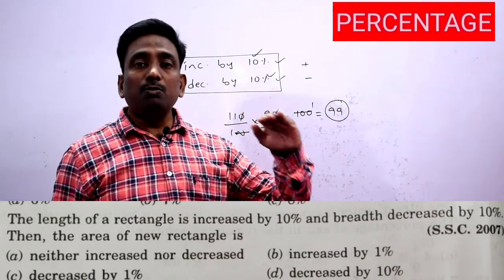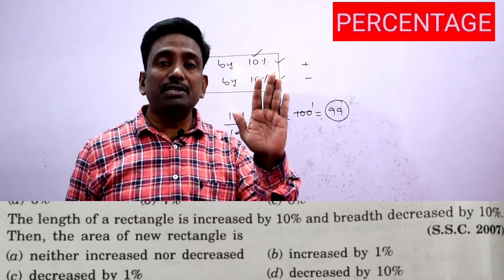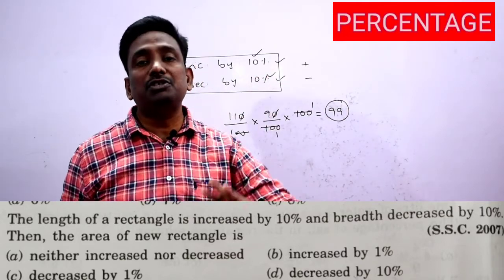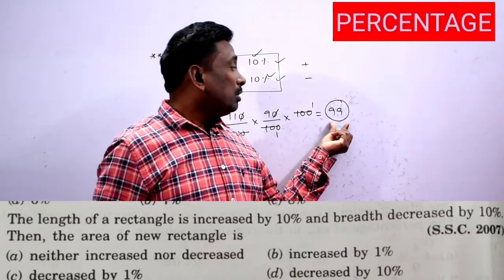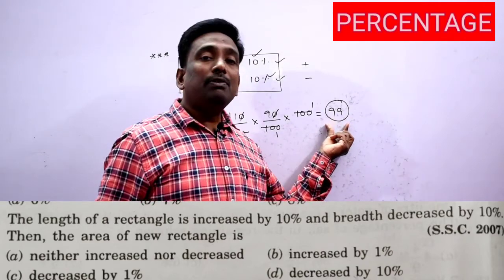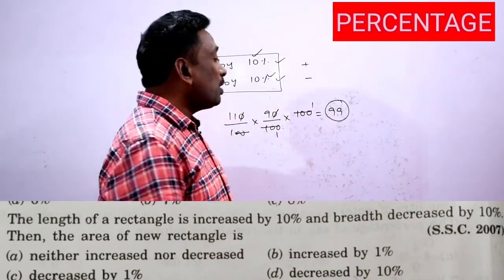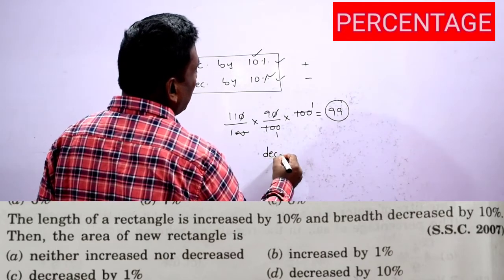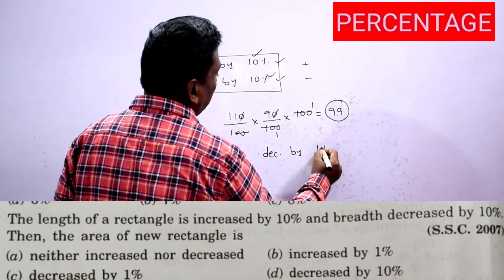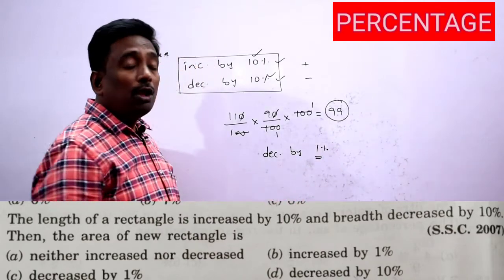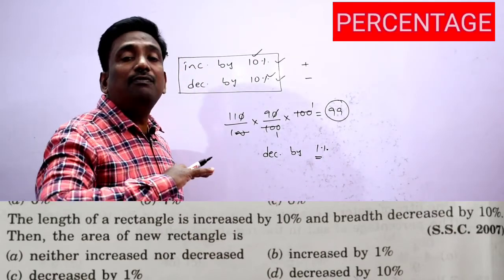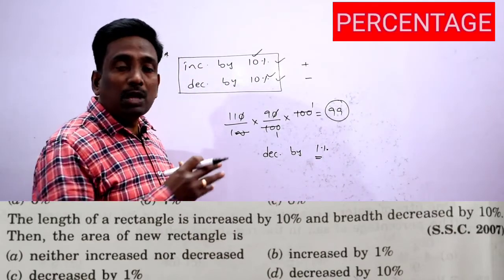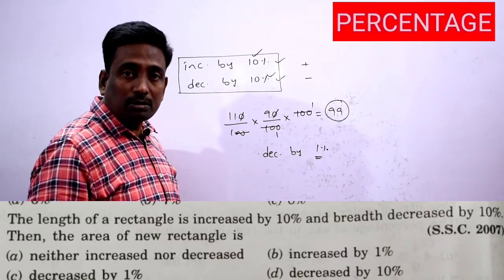If it is more than 100, that much is increased. If it is less than 100, that much is decreased. Here, 99 compared with 100 is 1 less. That's why your answer must be the area is decreased by 1%. This is the way. No need to use any formula to solve this type of question.